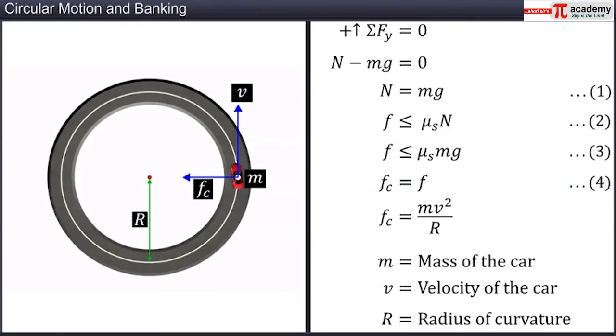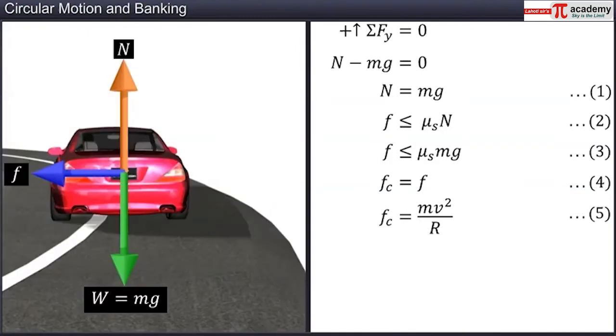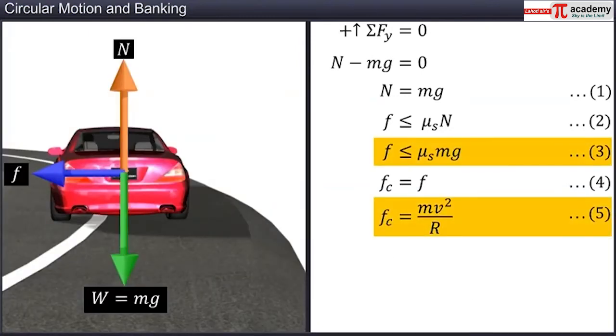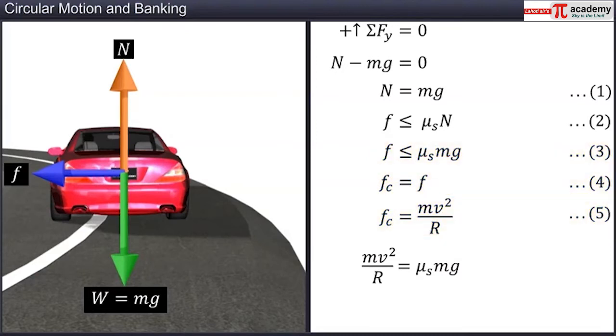Let us call this equation 5. Substituting equations 3 and 5 in equation 4 and simplifying, we get maximum velocity, Vmax, as the whole root of mu s rg.